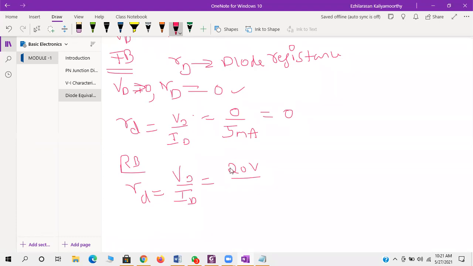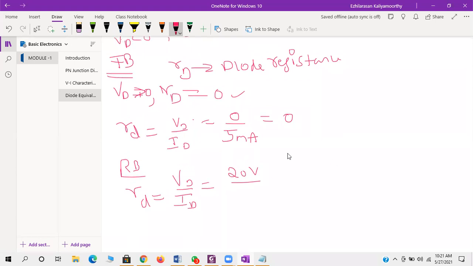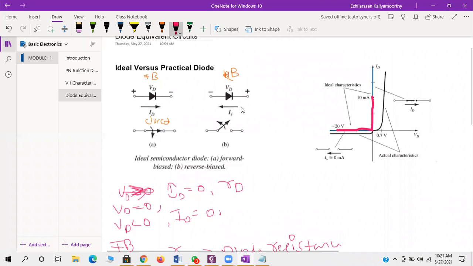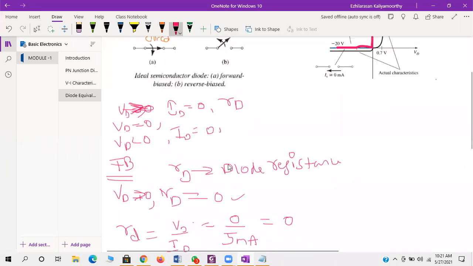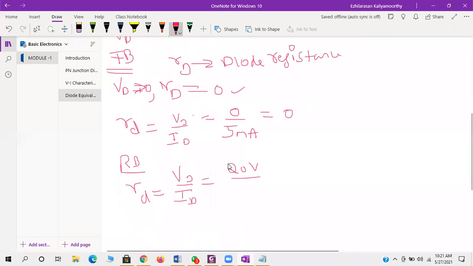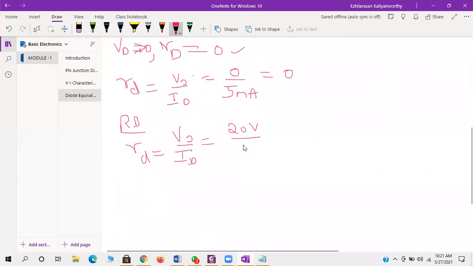What happens during the reverse bias? There will not be any amount of current. This is for the ideal case. ID will be 0, then I will get infinity. So RD is equal to infinity.